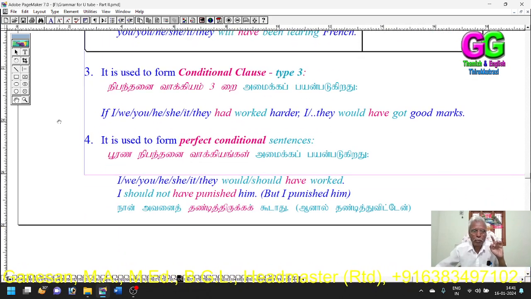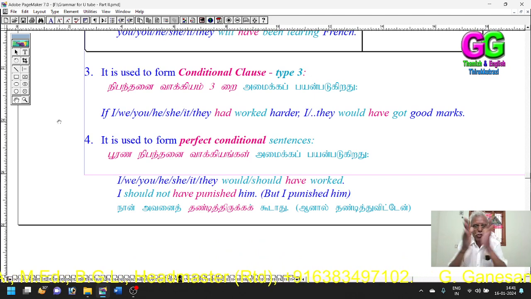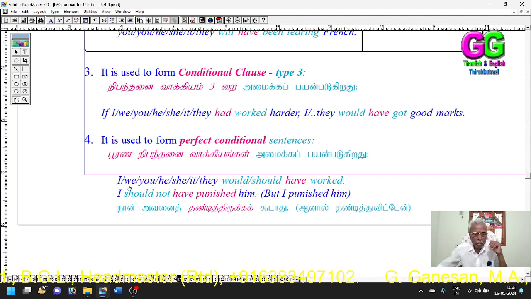It is used to form the perfect conditional. I would or should have worked. I would have worked. Or you should have worked. I would have finished.